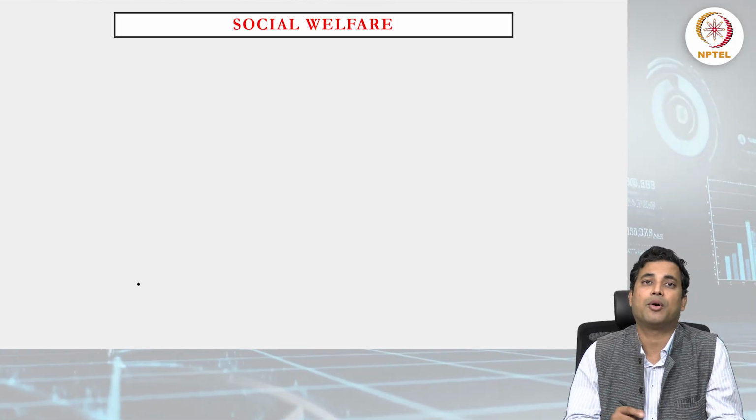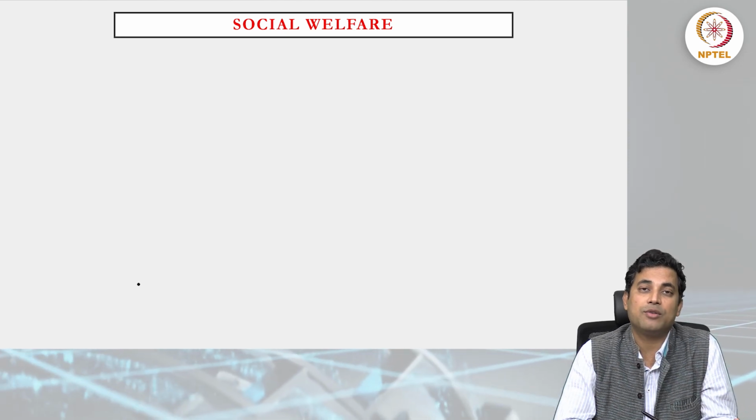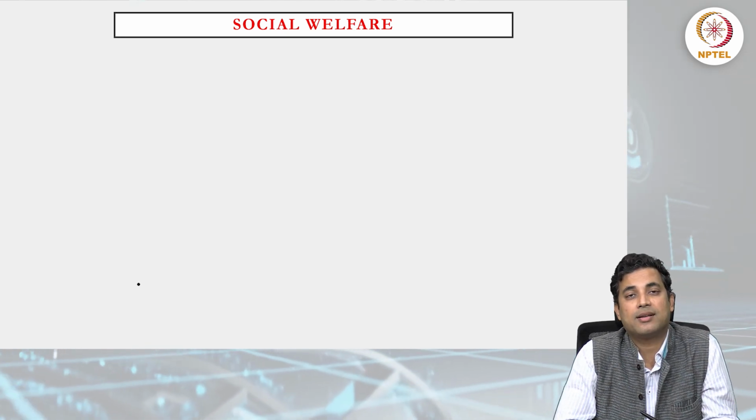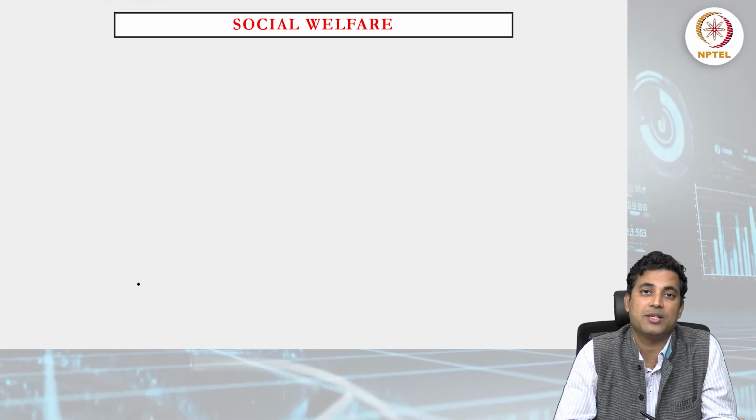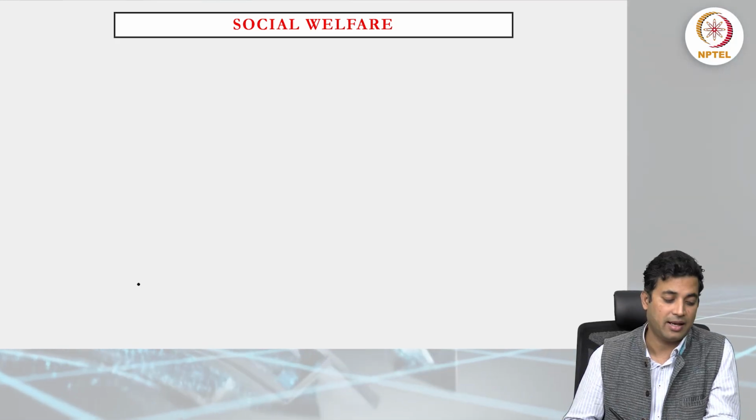That is very important for us to understand, and this social welfare function is also very important while understanding equity and efficiency, which we will be talking about in much more detail in our ensuing lectures.